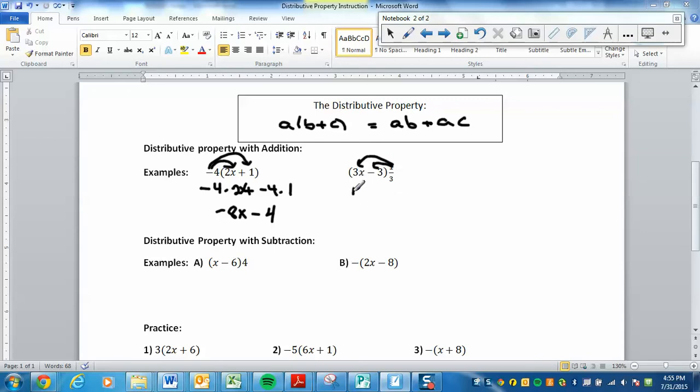So I'm going to take 1/3, multiply it by 3x, minus 1/3 times 3. Simplified, I get 1/3 times 3x is 1x. 1/3 times 3 is 1, so minus 1. Okay, so these are my final answers: 1x minus 1 and -8x minus 4.